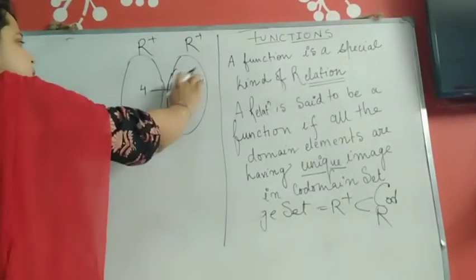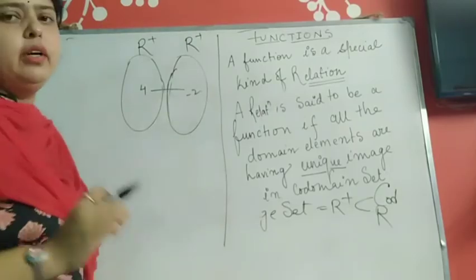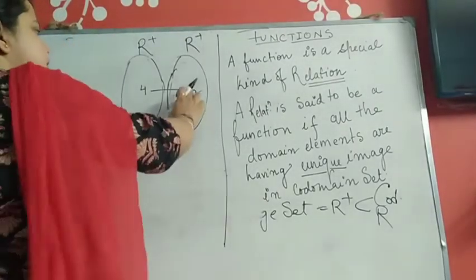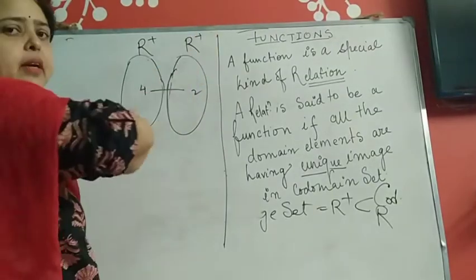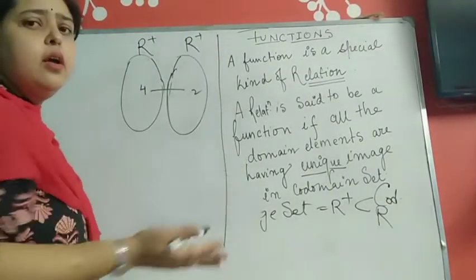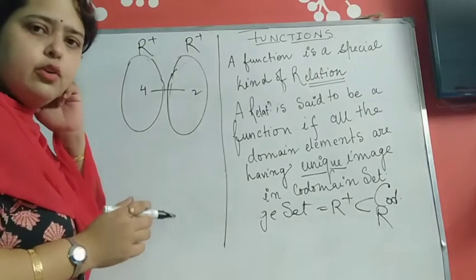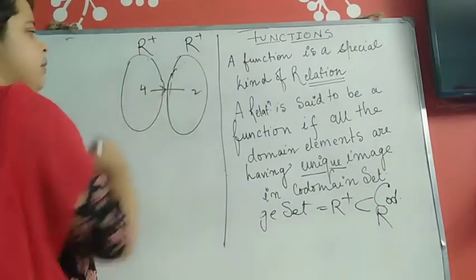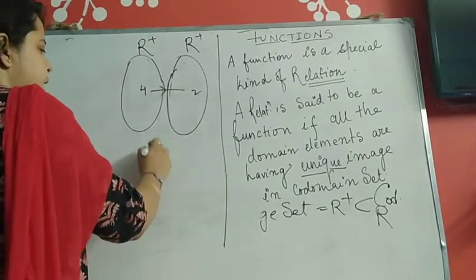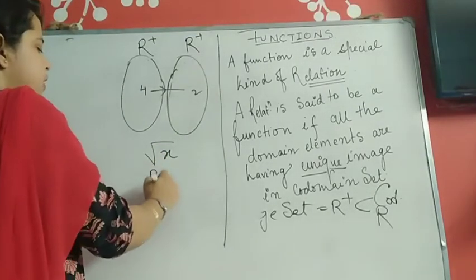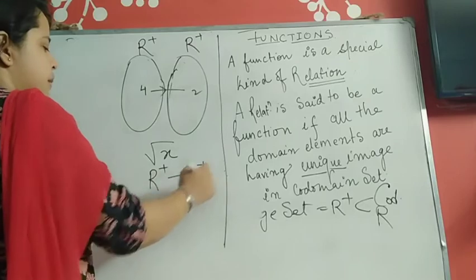So the square root of 4 definitely gives me a negative answer too, but if it doesn't have a place to be related in the codomain set, whom will it be attached to? Nobody. So it will only run to the positive numbers. Am I clear, children? So square root is a function whenever it is from R positive to R positive, otherwise not.